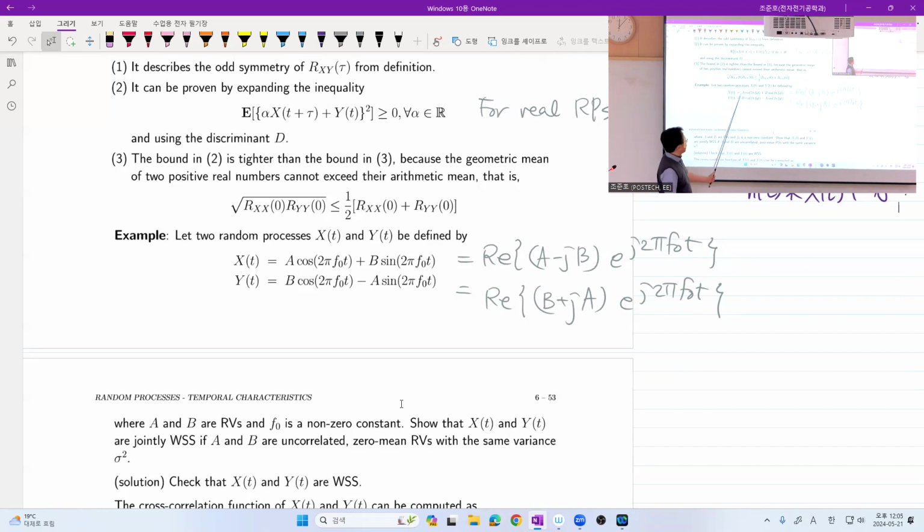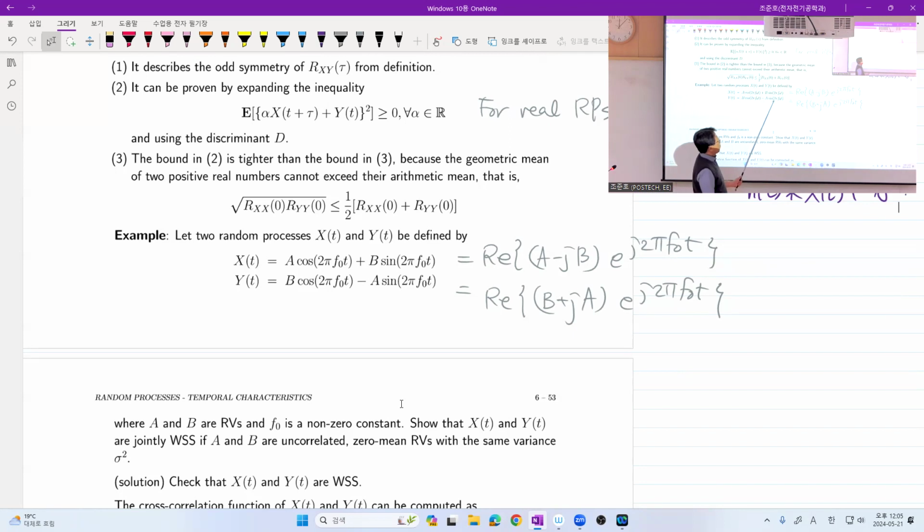See that? Capital A and capital B are realized, then x of t is fixed for all t, right? And x has in-phase A, quadrature negative B, and y has in-phase B and quadrature positive A.